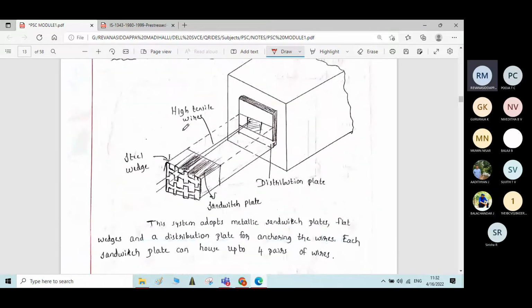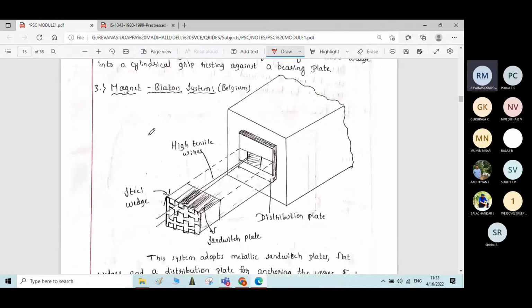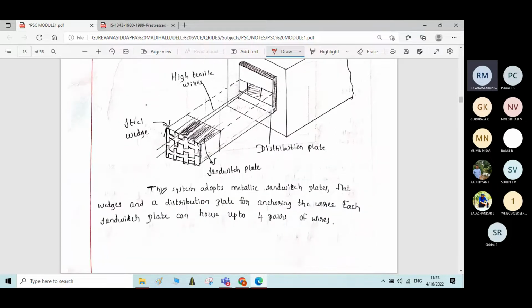Then coming to the next system, the Magnel-Blaton system, which was developed in Belgium. This is a different, unique system used to anchor the tendons.